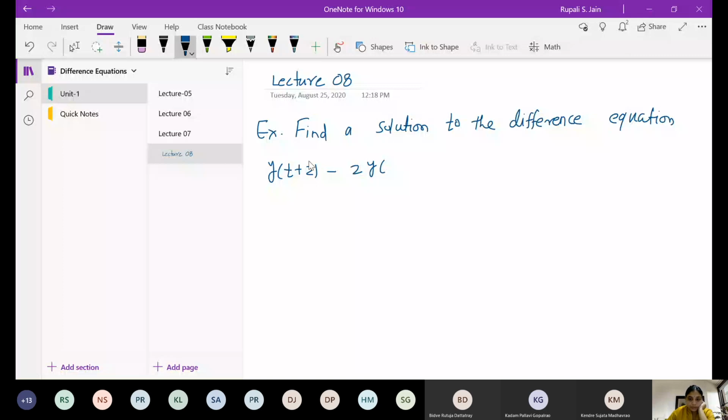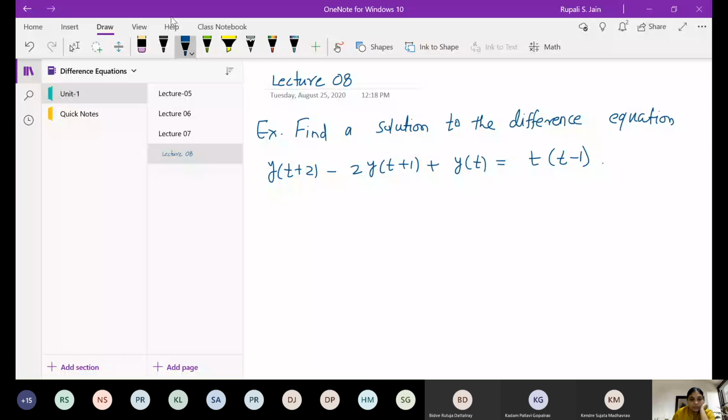We want to find the solution for this difference equation. Whatever properties we have studied, from that we can find the solution.